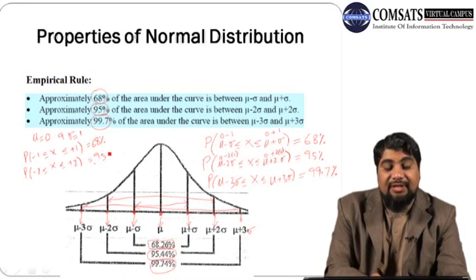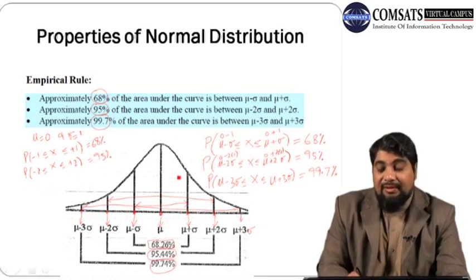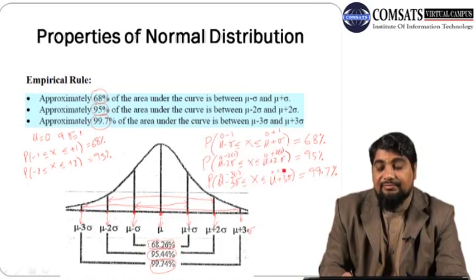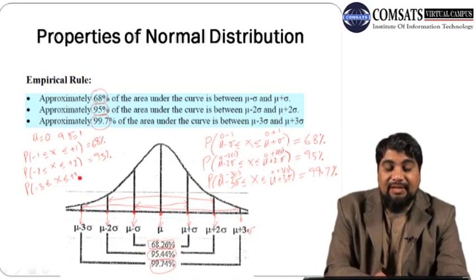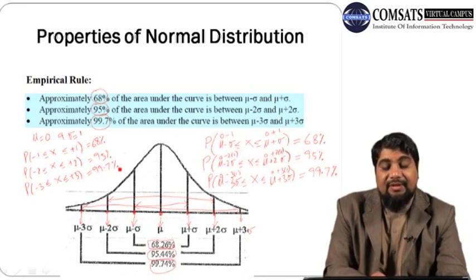This covers 95% of the probability. And similarly, by replacing mu by 0 and sigma by 1 here, we get minus 3 and plus 3. So probability that x lies between minus 3 and plus 3 is 99.7%.